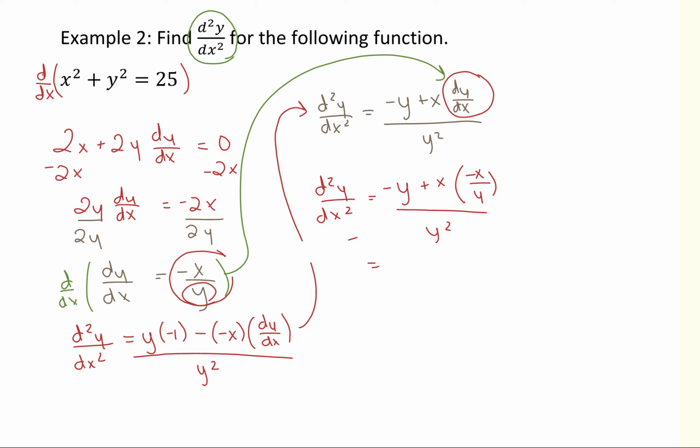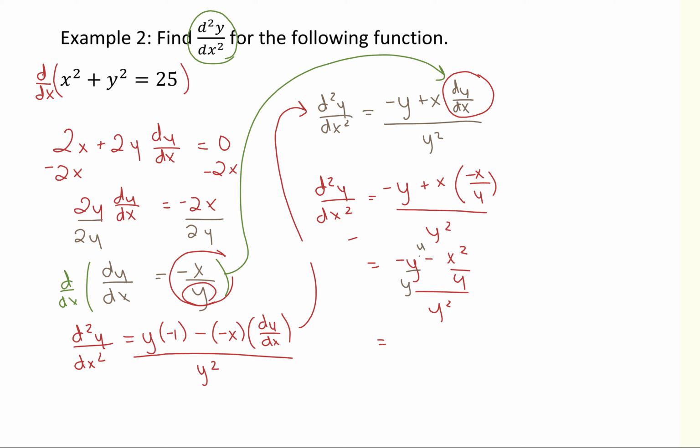So if I wanted to put this whole numerator together, this would right now say negative y, not plus, it's going to be minus. So minus x squared over y, all over y squared. So what I'm going to do now is multiply this function over here by a y and a y to get a common denominator.